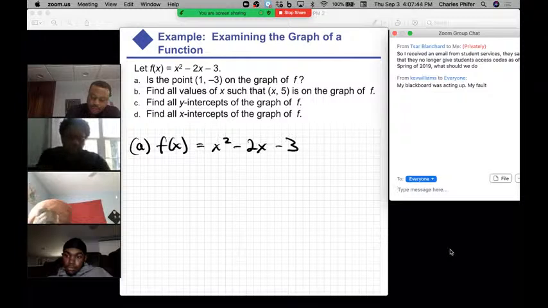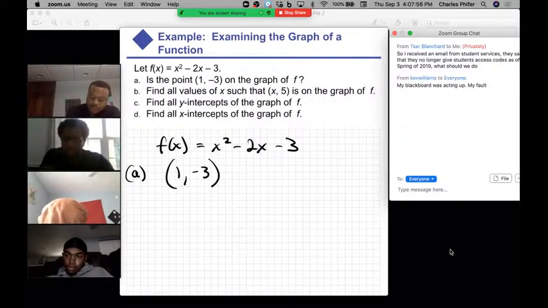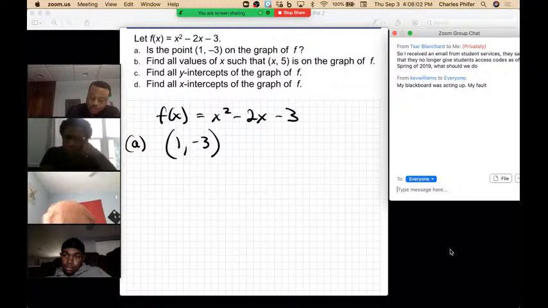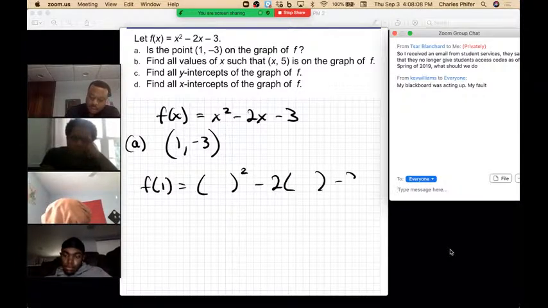Verify that the point (1, -3) is on the graph, right? So what this means, if we do f of 1, we should get negative 3. Let's see what happens. We're going to replace each x with a blank set of parentheses, and then into the blank parentheses, we're going to put the 1 in question.